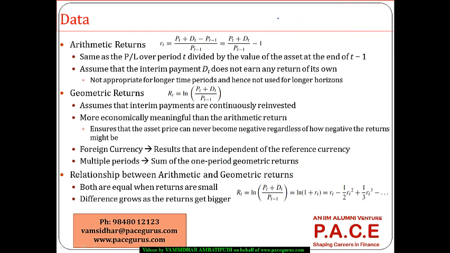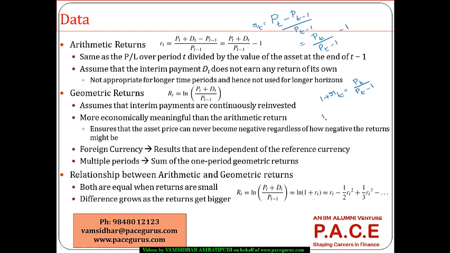Let's ignore the D part now. If you look at it, if I am going with the arithmetic return, it is Pt minus Pt-1 by Pt-1, which is nothing but Pt by Pt-1 minus 1. So 1 plus Rt is Pt by Pt-1.